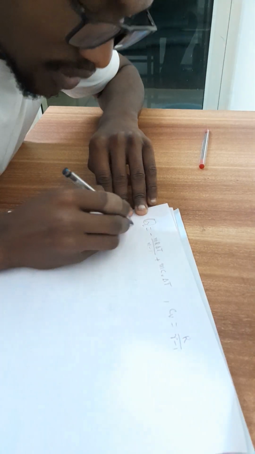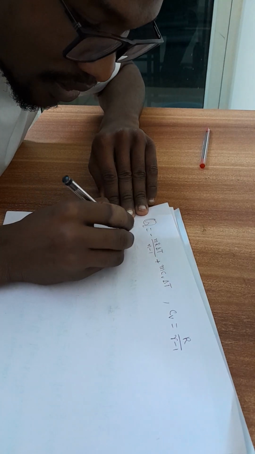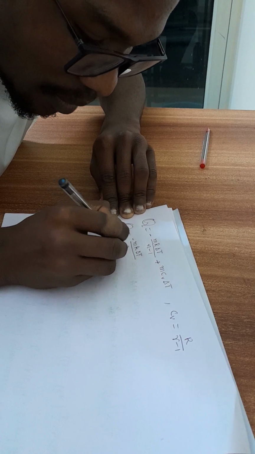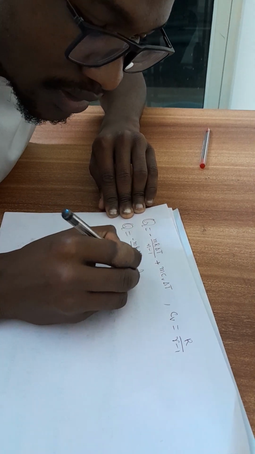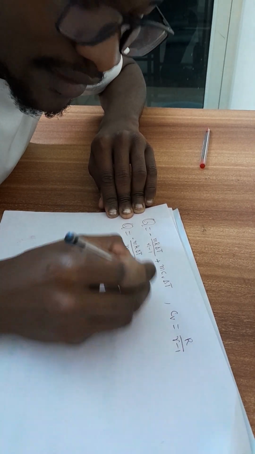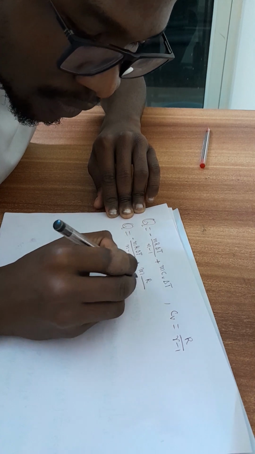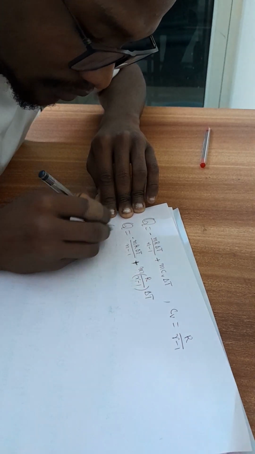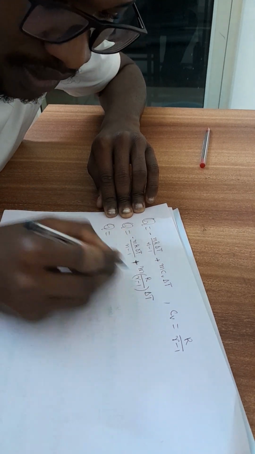Then Q will be minus mR delta T upon n minus 1 plus m times Cv, which is R upon gamma minus 1, times delta T.